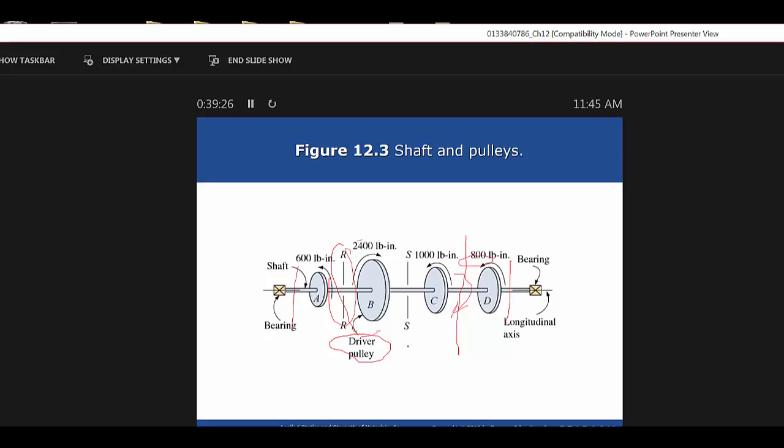You just have to remember that you've got to figure out what the internal force on that shaft is going to be to resist what is being input from the external forces. So once you figure out what the external forces are, then you can say, okay, well then I know what the internal force has to be because it has to keep it in equilibrium.